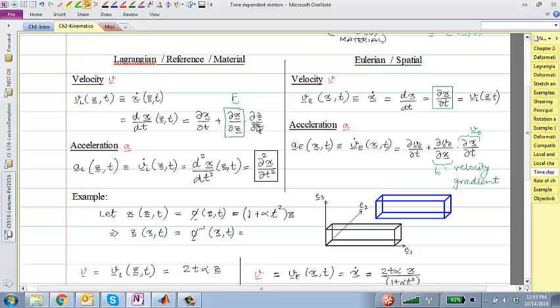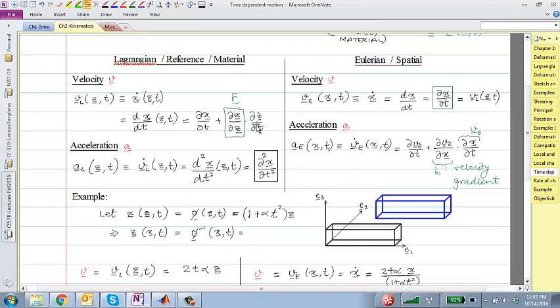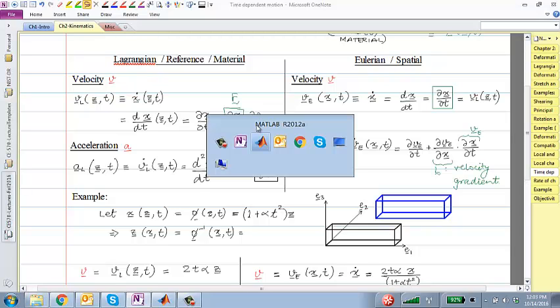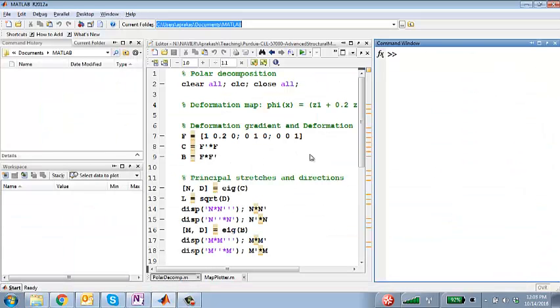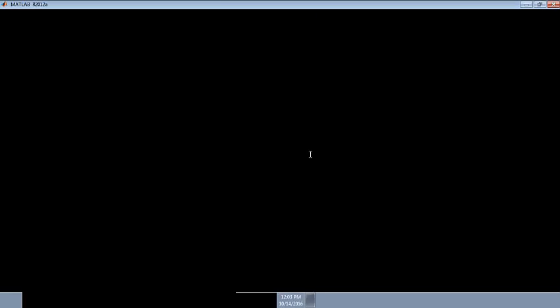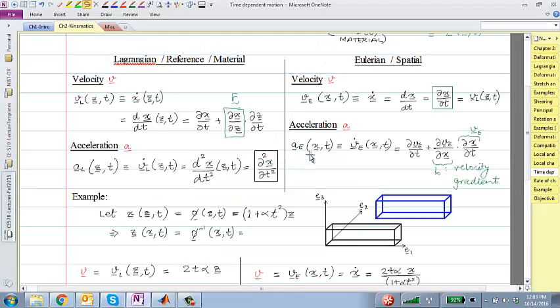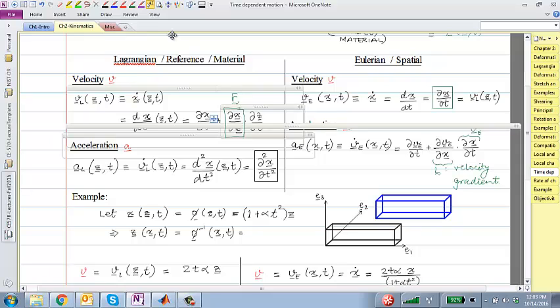I'll have to wait a while and see if that fixes it. Can't seem to get the mouse to work. Okay, there we go. Okay, at least this mouse works.